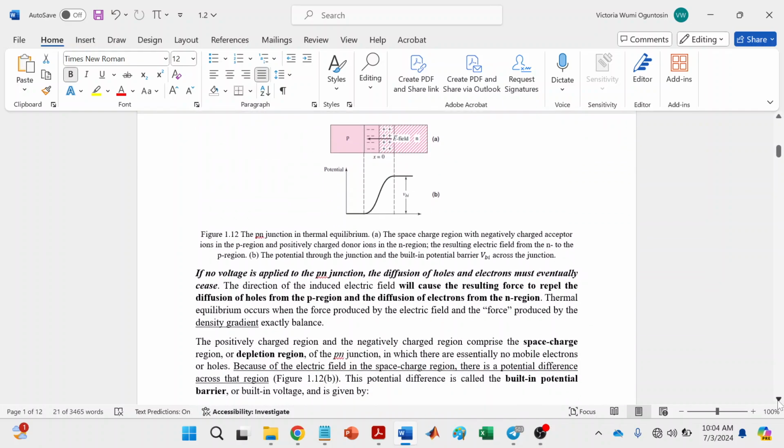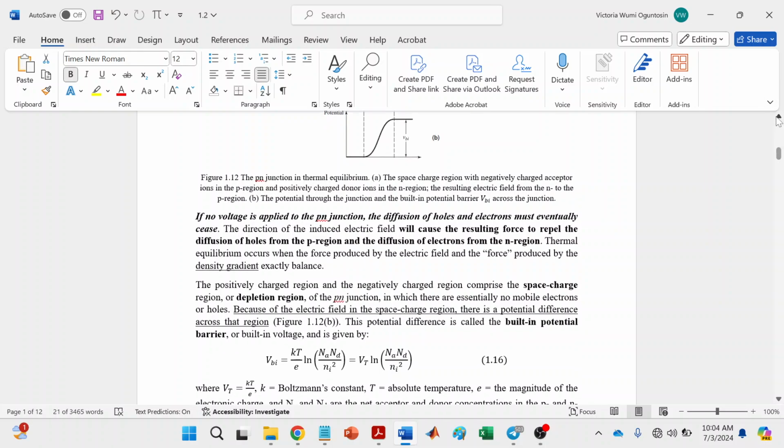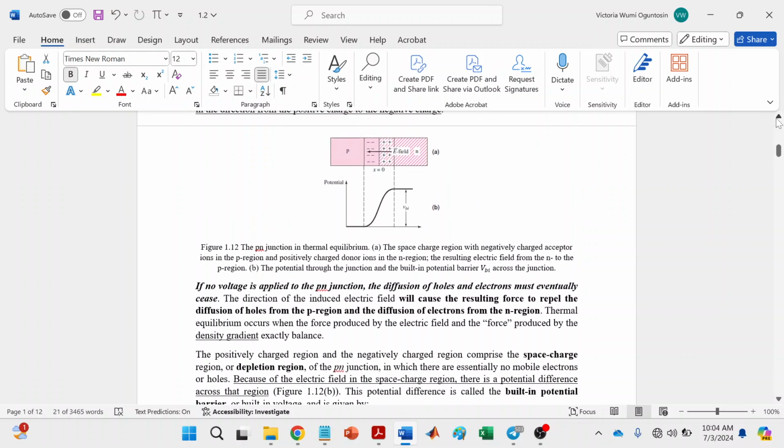If no voltage is applied to the PN junction, this diffusion of holes and electrons into the respective regions would eventually stop, and the direction of the electric field will cause a force to repel the diffusion of holes from the P region and the diffusion of electrons from the N region.